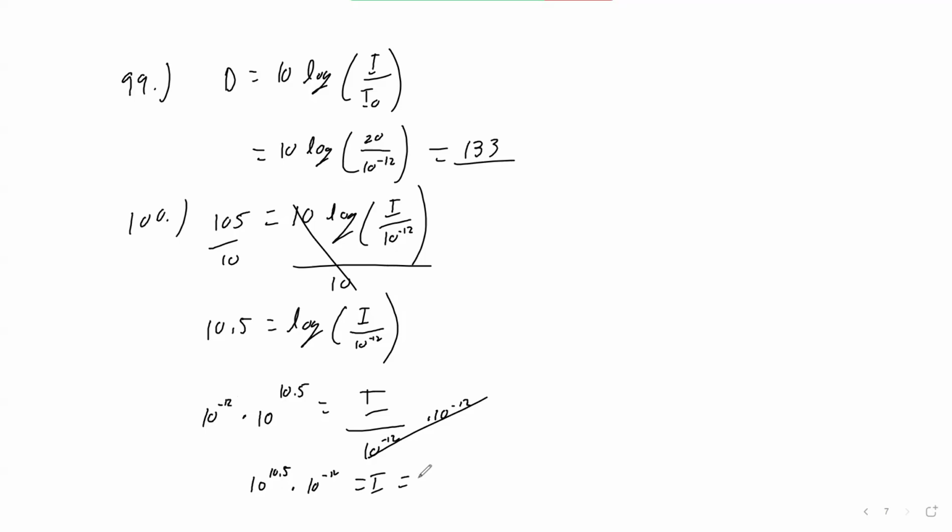So I'm going to plug that in. And that looks to be about 0.03. So there you go.